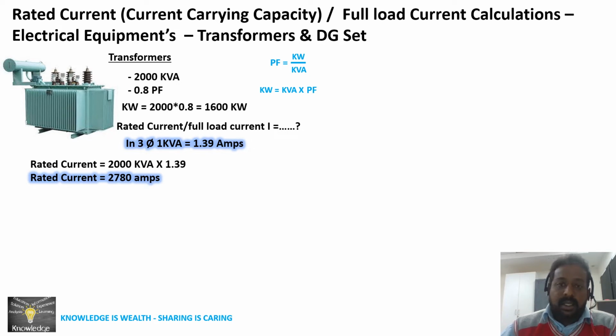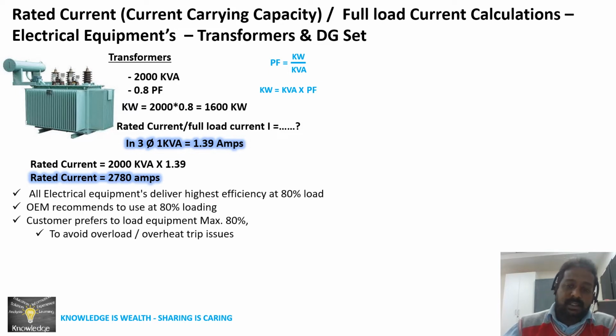But in all electrical equipment we prefer to load at maximum 80%. This is because of three distinct reasons. One, all electrical equipment delivers highest efficiency at 80% load. That is the first reason. Second reason, all OEMs recommend using their equipment at 80% loading.